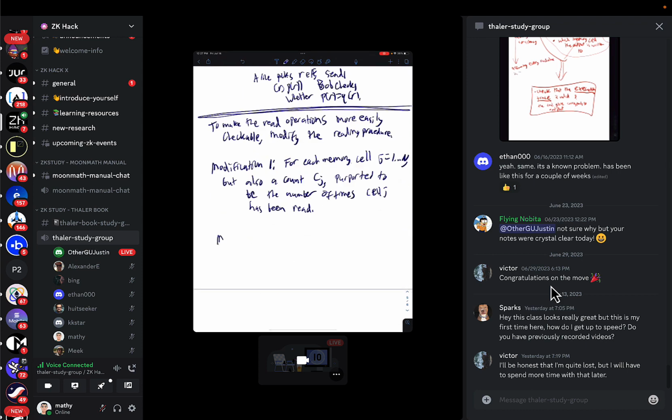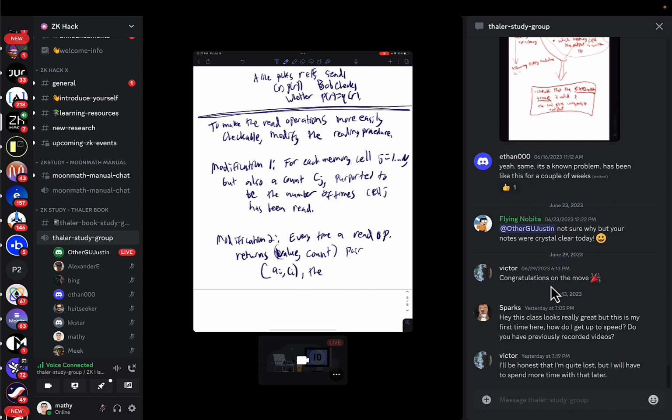Okay, modification 2. Now the read operations to a cell are supposed to return not just a value but also a count. So every time a read request returns, the prover returns a value-count pair, let's say AI comma CI.